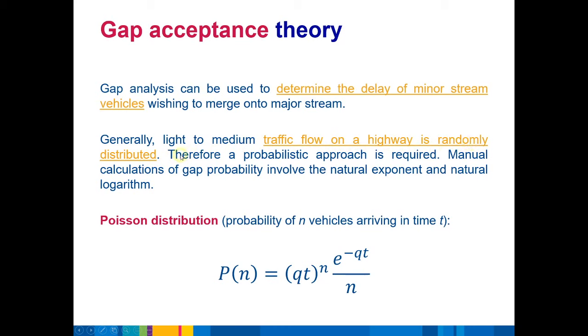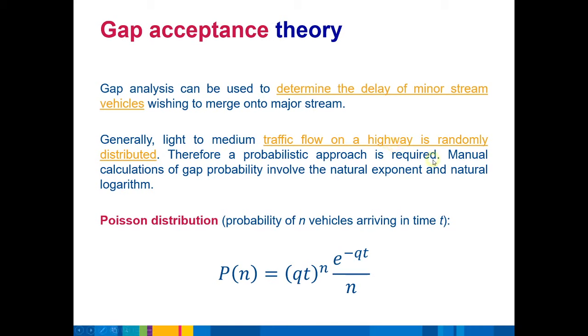We don't exactly know when vehicles are arriving or departing from a particular point. If they're on a highway or a freeway, they're not going to be subject to traffic conditions that will tend to bunch them up. They will have traffic conditions which will just have spread them out over their travel distance. So they'll be randomly distributed.